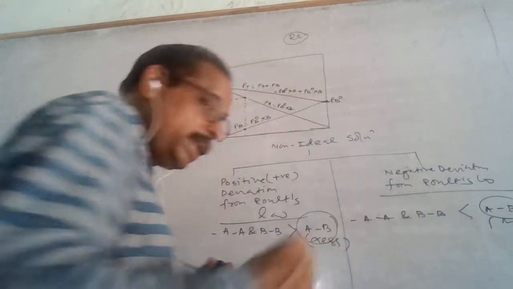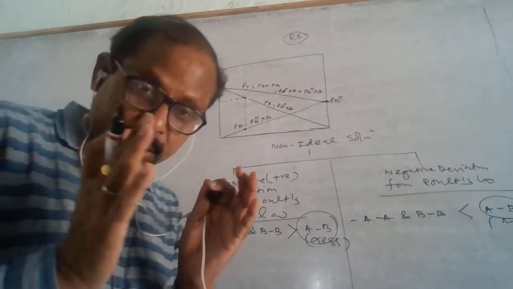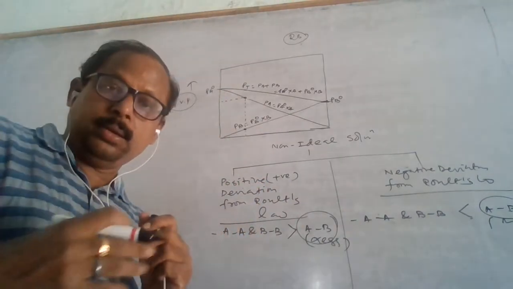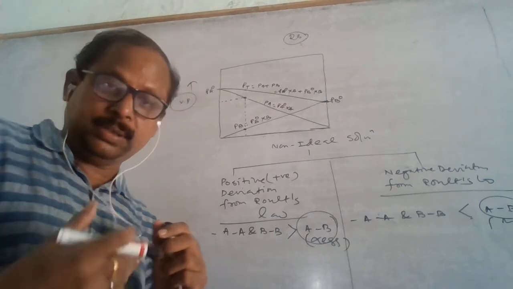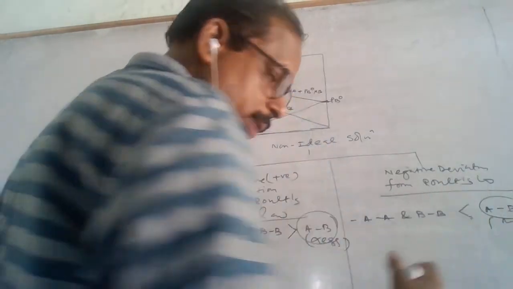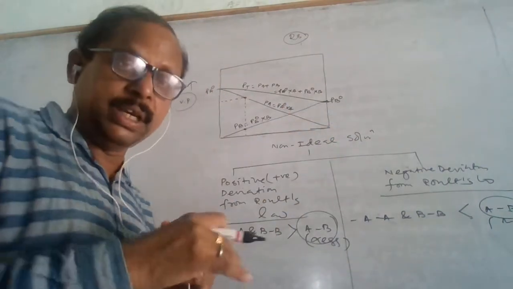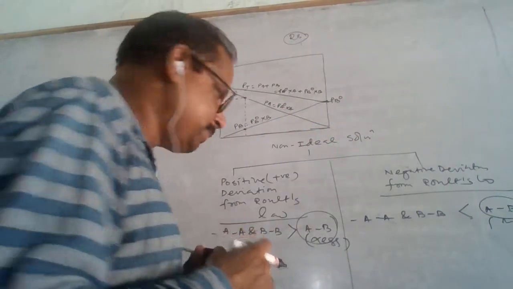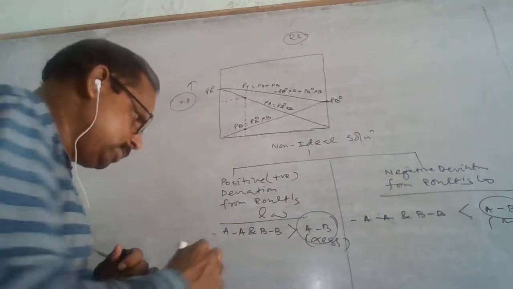When the force of attraction decreases, the vapor pressure increases. When the force of attraction increases, the vapor pressure decreases. So that's why it gives the positive deviation.